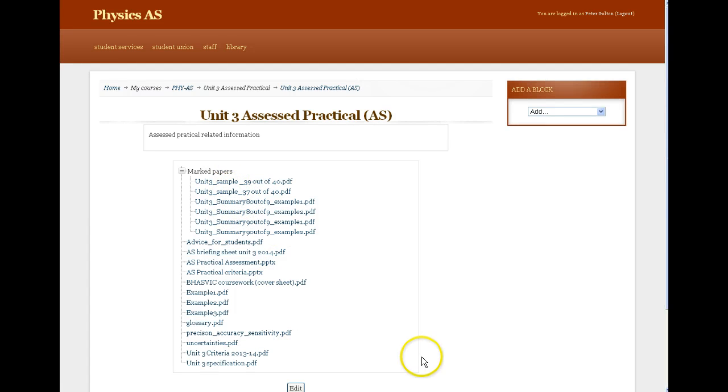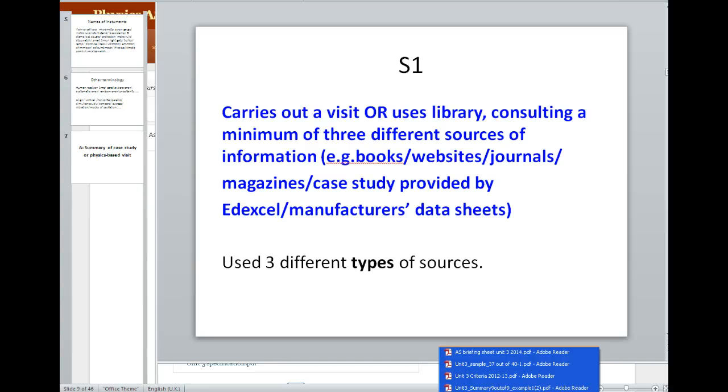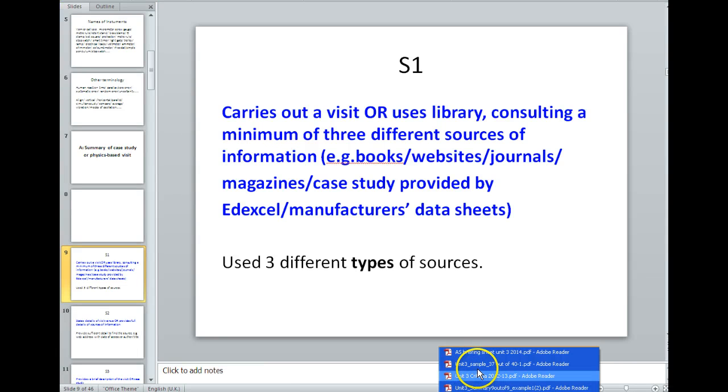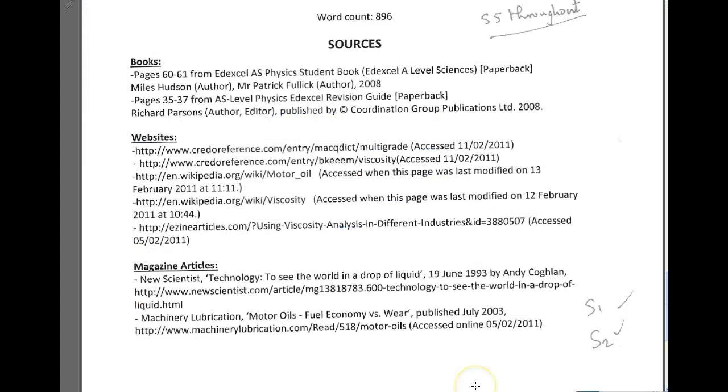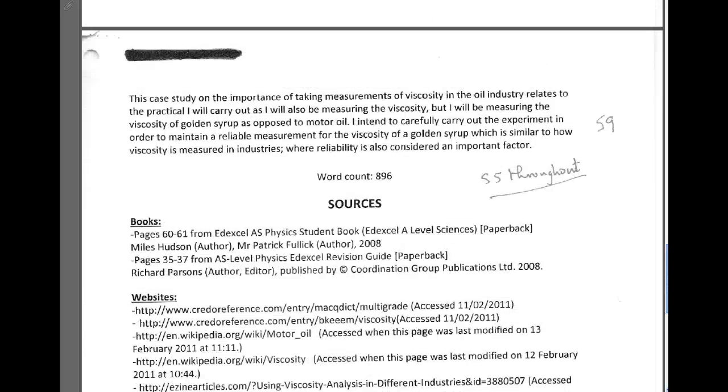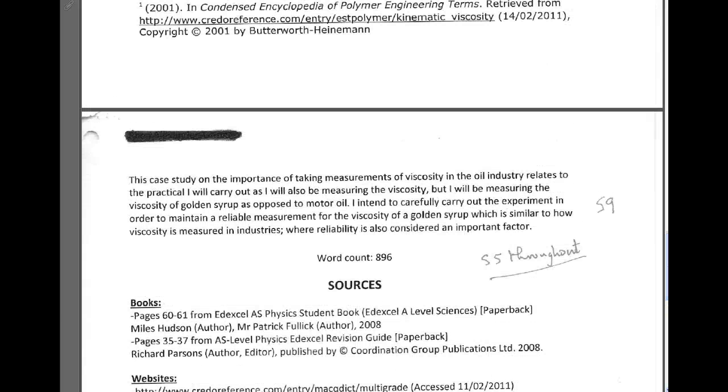So a couple of other little things just to mention. If we just look at the summary page that we were just looking at a moment ago, this is approximately 1,000 words. It doesn't really matter too much what you do, as long as it's not 5,000, which would be way too many, and a couple of hundred would be far too small.